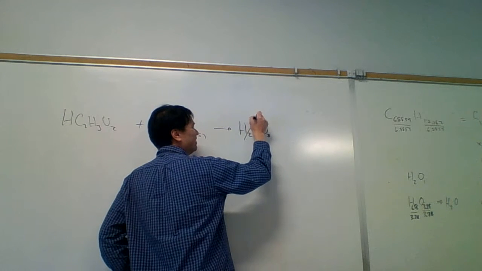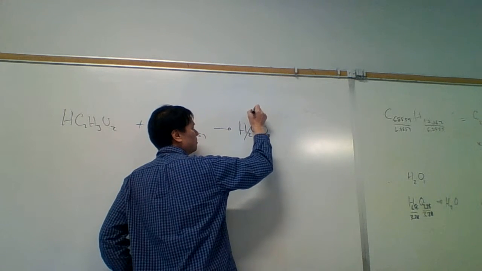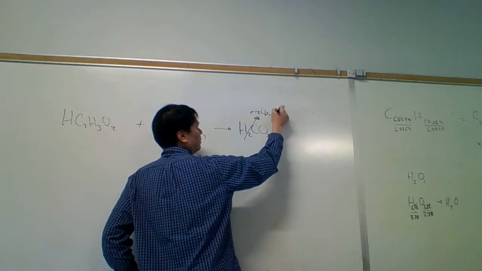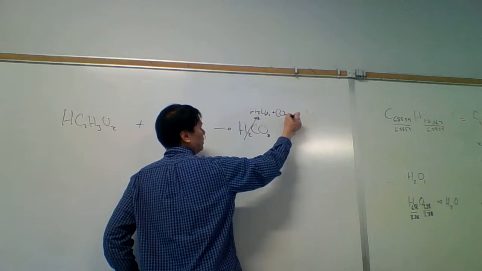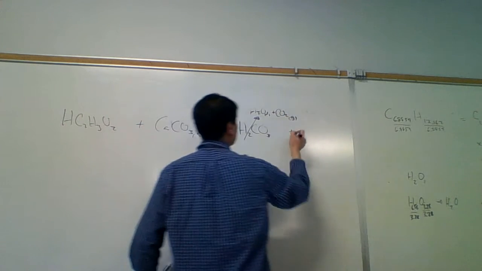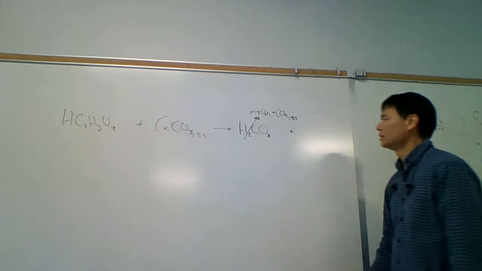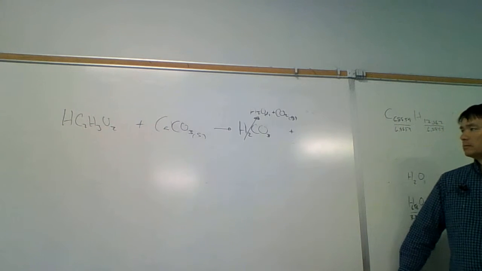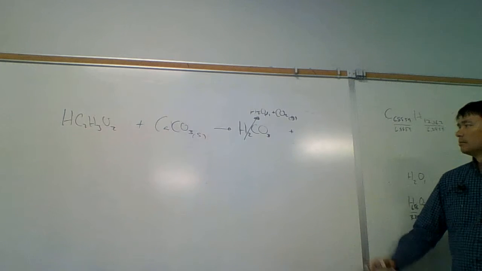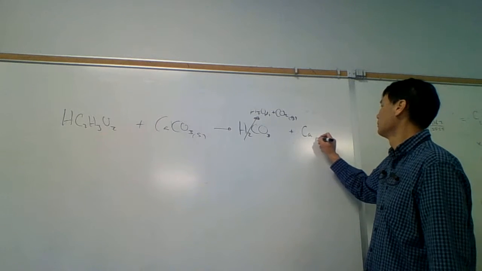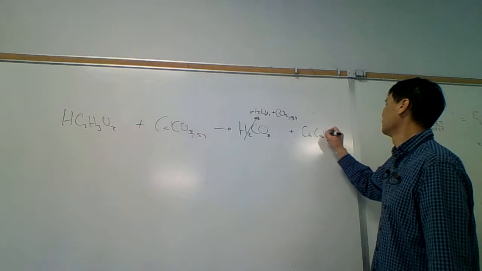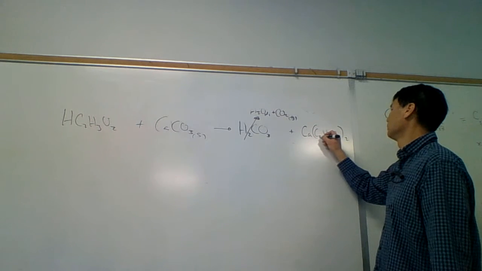What do you know about carbonic acid? It's not stable. And decomposes into what? H2O liquid and CO2 gas. Yes. Okay, so that's one product. What's the other product here? Okay. 2 of these.